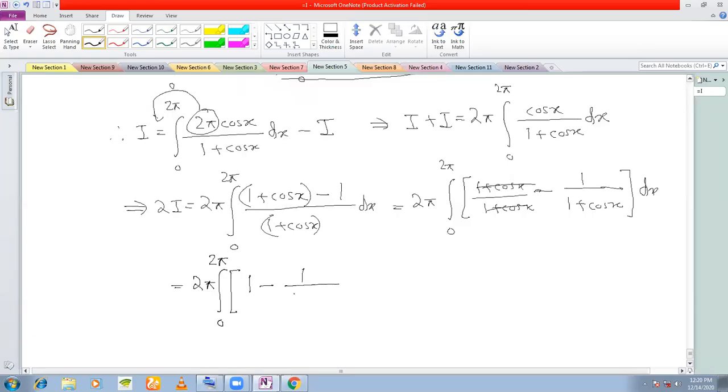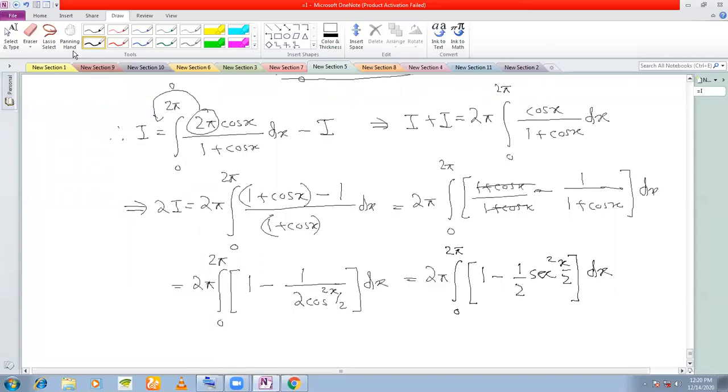By the multiple angle formula, you can write 1 plus cos x as 2 cos square x by 2 dx. So this is 2 pi integral 0 to 2 pi, 1 minus, now 1 by cos square can be written as sec square x by 2 dx.